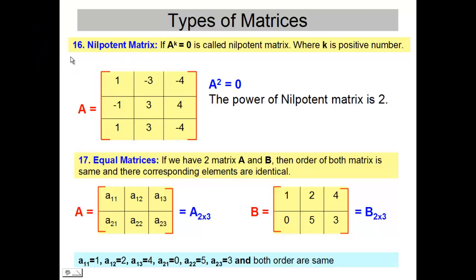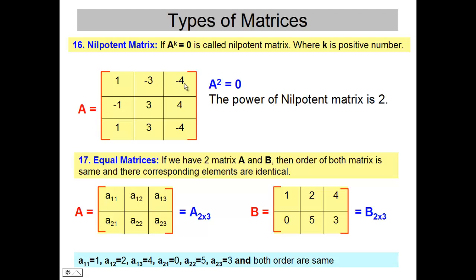Now the next type of matrix, number 16, is the nilpotent matrix. What is a nilpotent matrix? If the matrix power A to K equals 0, where K is a positive number, it is called a nilpotent matrix.